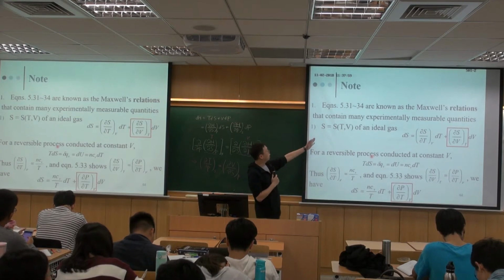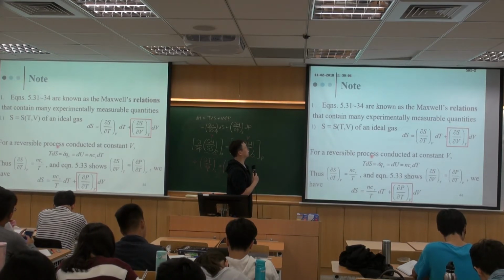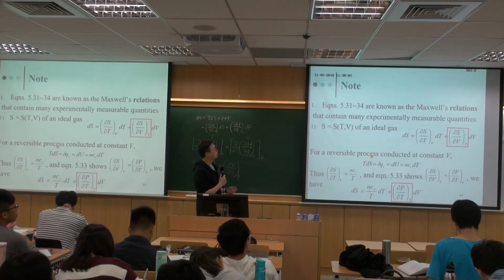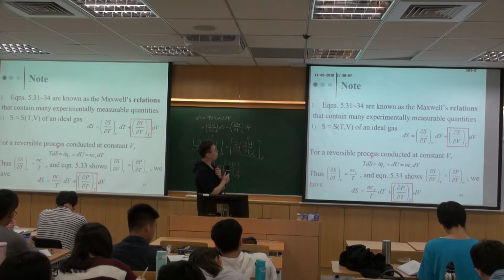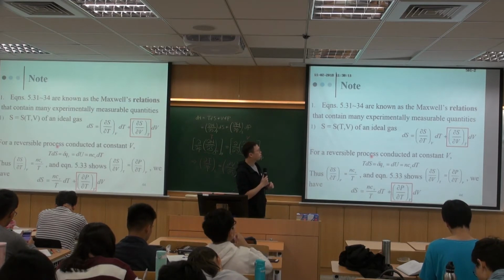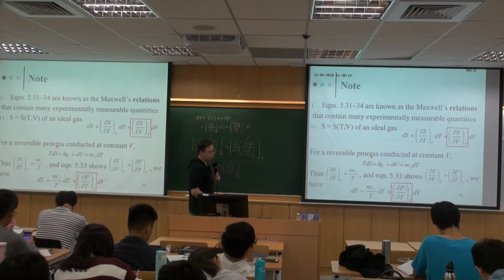But we know that entropy is expressed as a function of temperature and volume for ideal gas. We've derived this before, and therefore dS can be expressed as something like that.